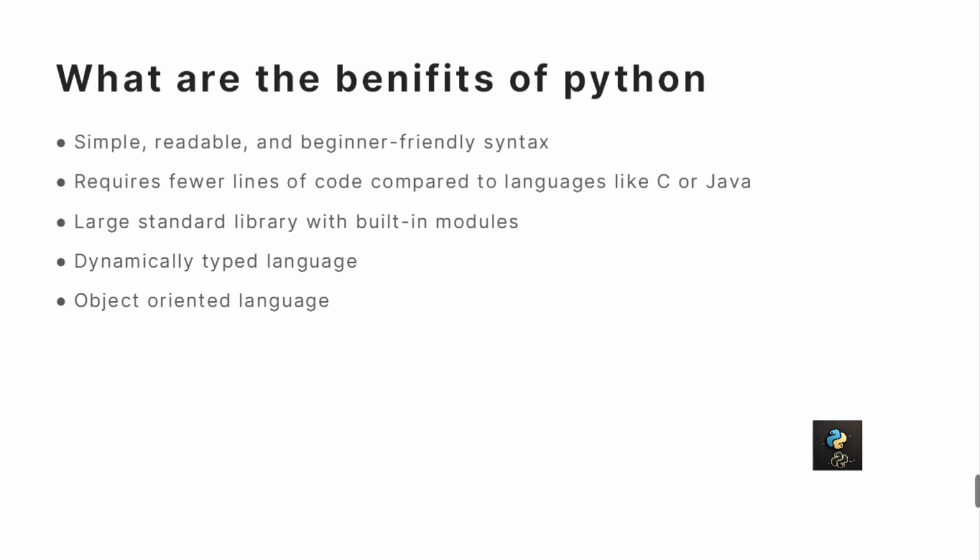And the most important feature of Python is that it is a dynamically typed language. Means when we define variable names, we do not define the data type of the variable which is holding the data. And Python is an object oriented language, means it supports the OOPS concept.